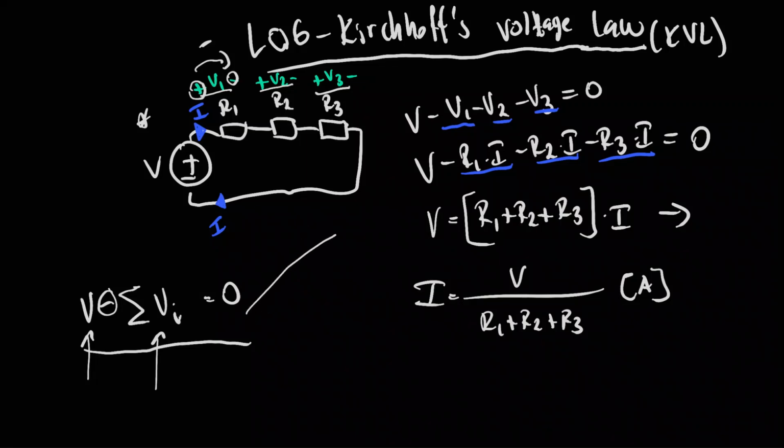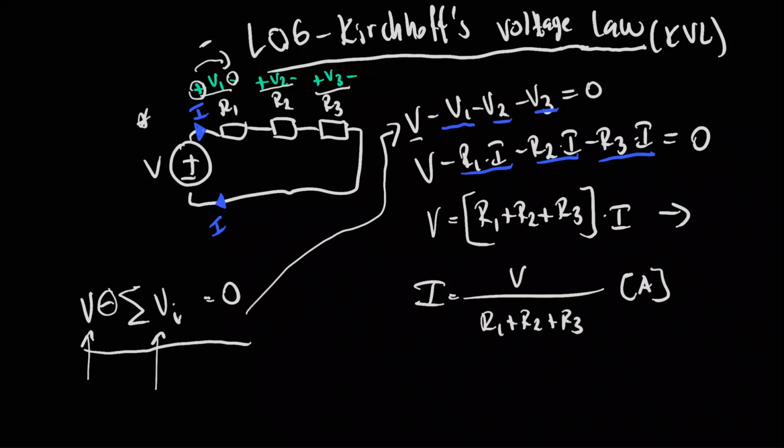Another way of saying that is this formula here. In this equation, we say that the voltage minus V1 minus V2 minus V3 equals 0. So it's the same thing as saying the total voltage minus each resistor's voltage drop, or component's voltage drop, equals 0.